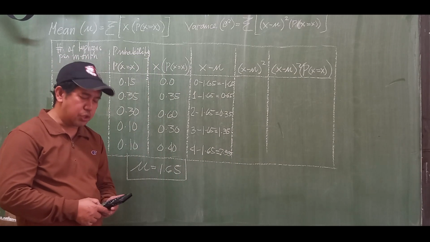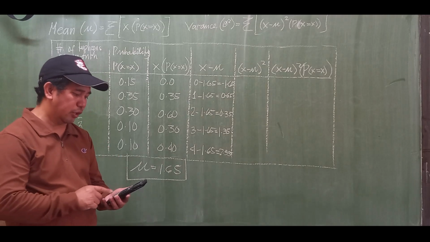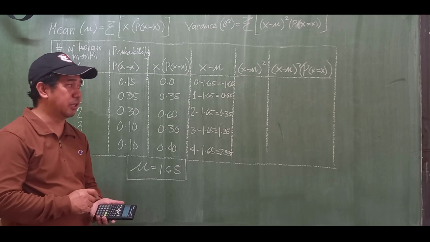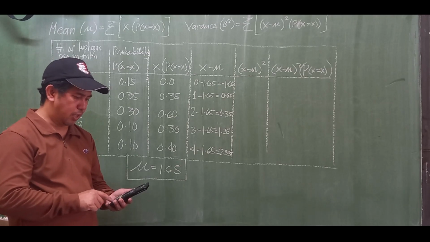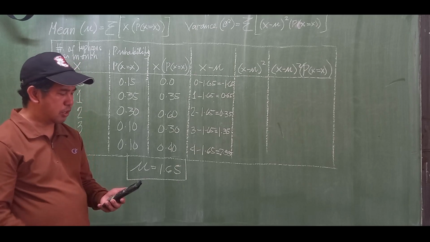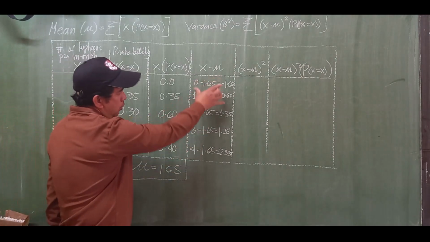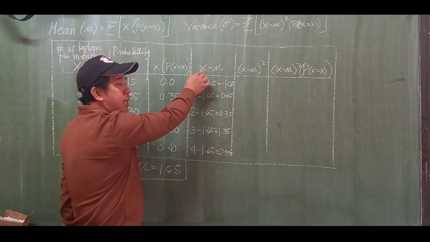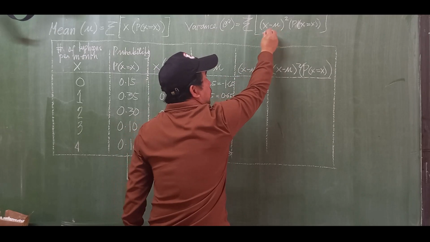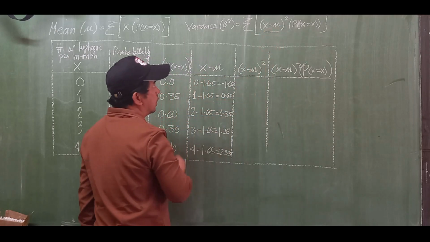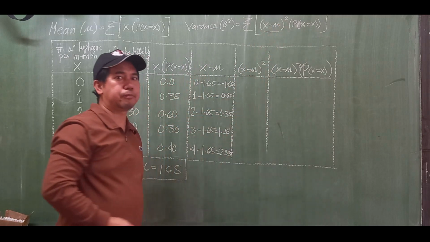Okay? So of course, mind you, have your calculator so that you will be guided by your calculator also. Always make use of your calculator. Now, after having this difference of variable minus mean, the next step is you have to raise the result to the second power.